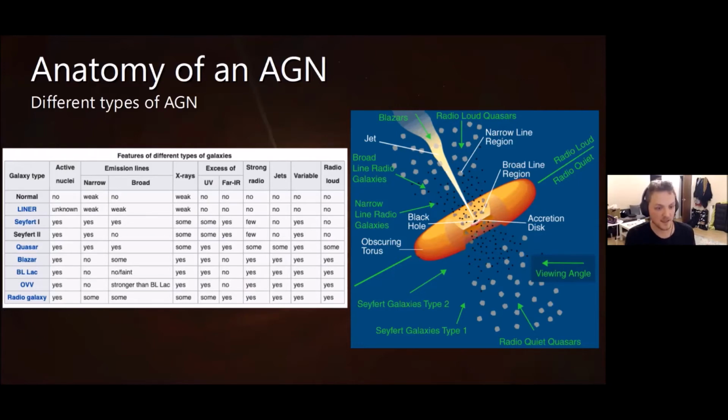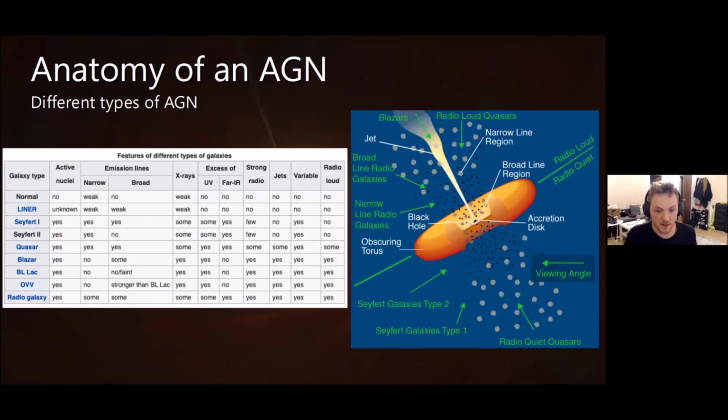So quasars are the absolute beasts of AGNs. They are the types of AGN that output the most energy of all the different kinds of AGNs. And the different types of AGNs, what we believe now is that the reason for the differences is mostly just due to the viewing angle.